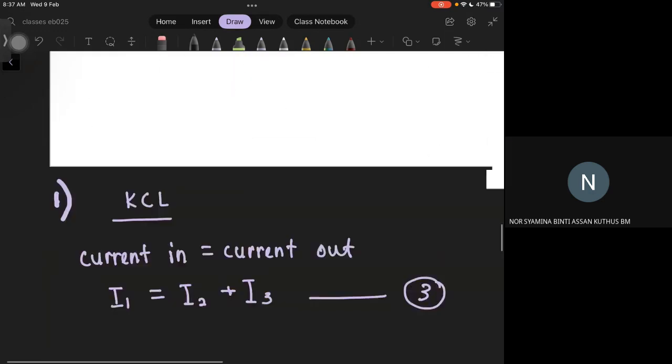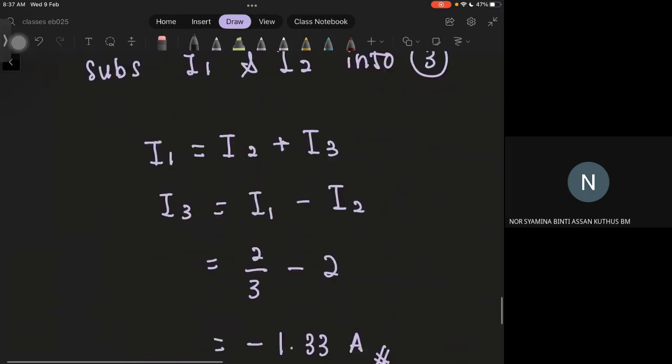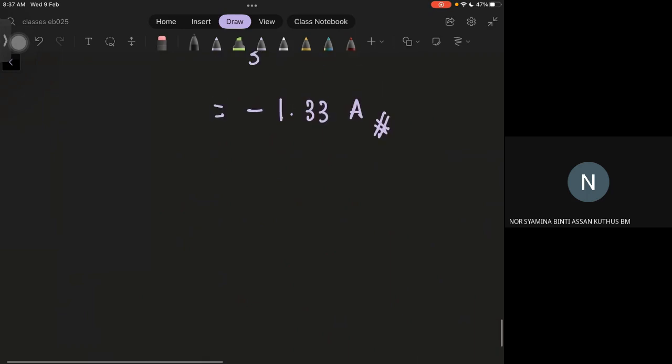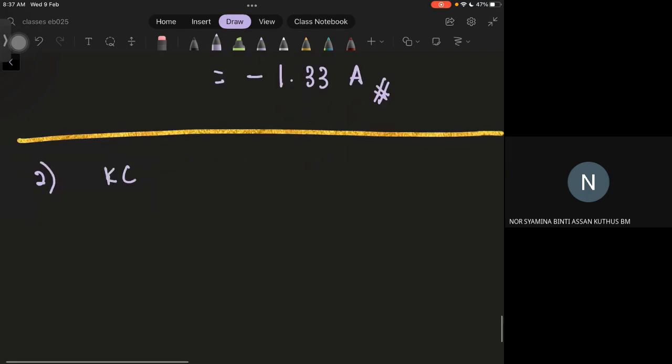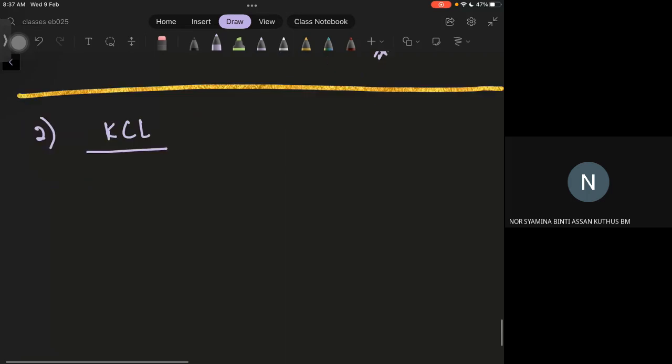So still gonna include current. Okay, kita include soalan yang kedua. By using KCL, I1 is equals to I2 plus I3, our first equation.